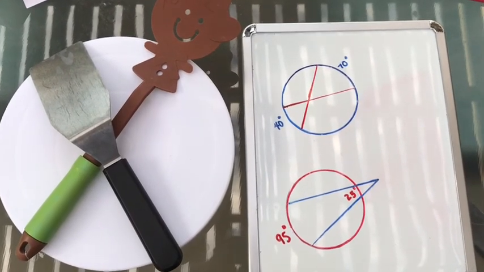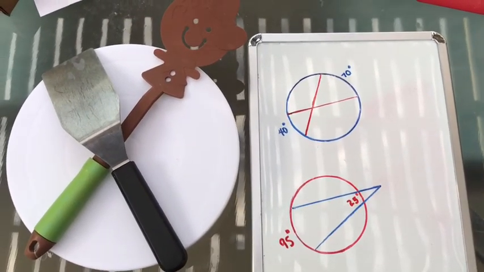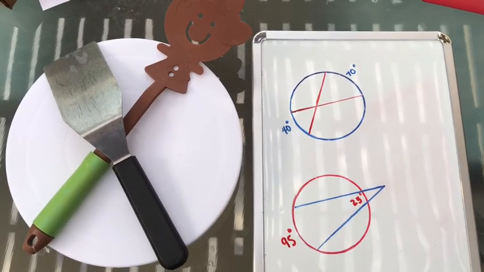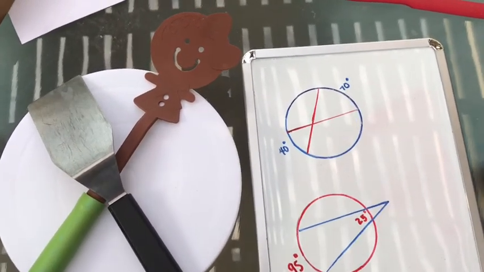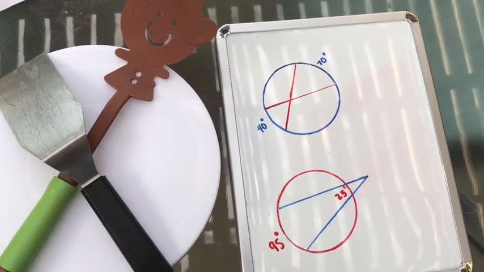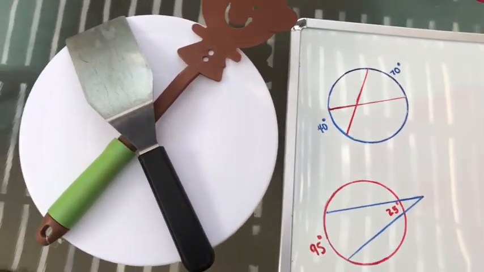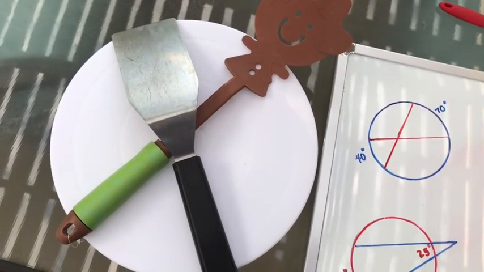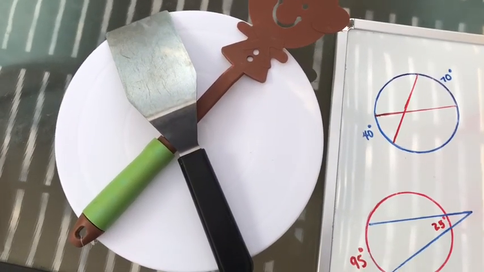So I guess what I'm supposed to talk to you about here is arcs and angles and circles. First we're going to look at a place where we've got some segments that cross inside of a circle.